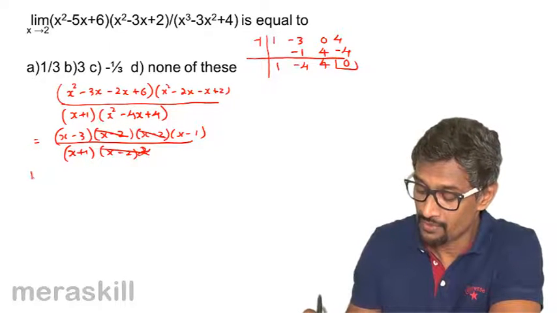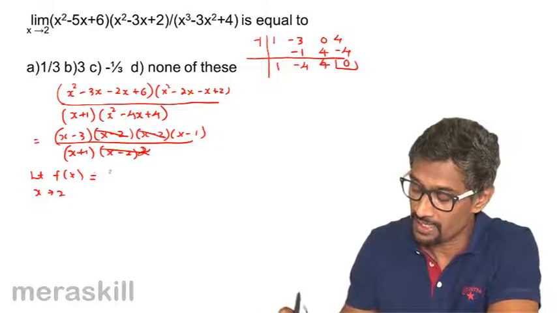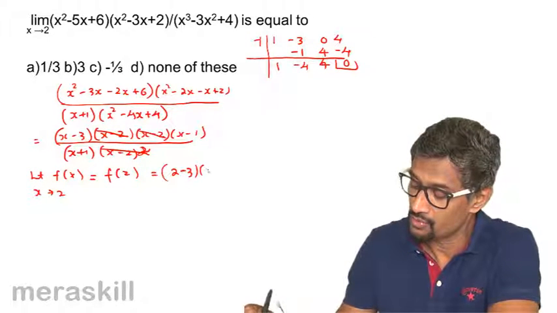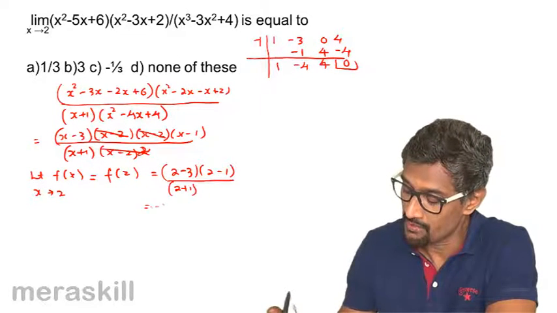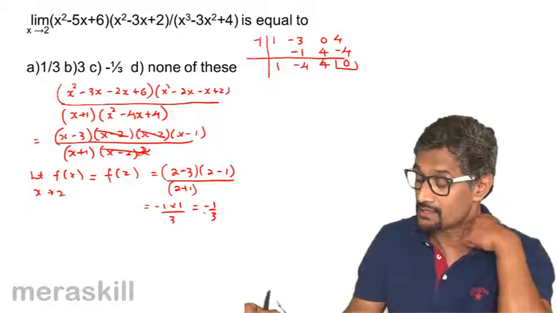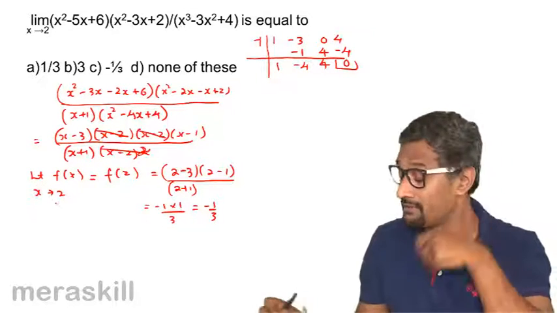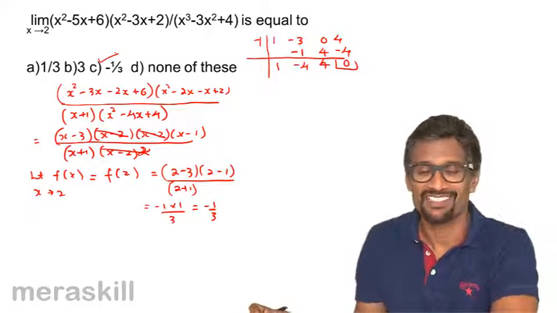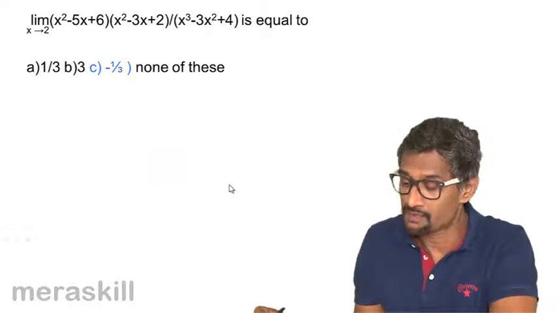So now the limit of this function as x approaches 2 is nothing but f of 2 itself, which is going to be 2 minus 3 into 2 minus 1 upon 2 plus 1, which will turn out to be minus 1 into 1 by 3, that is minus 1 upon 3, the limit of this particular function, which is also the value of the function when x is equal to 2. So our correct option is minus 1 by 3. Alright, we do get it as minus 1 by 3.